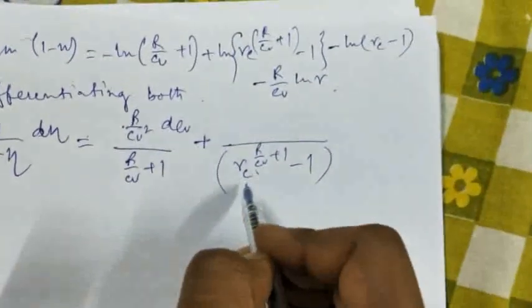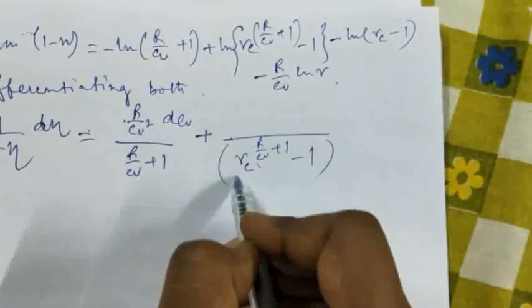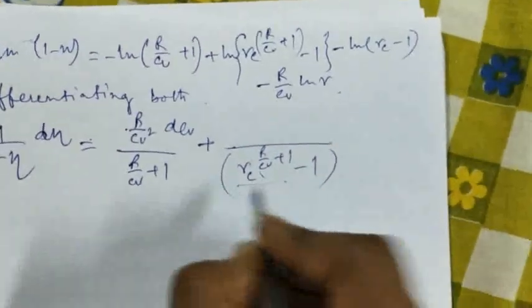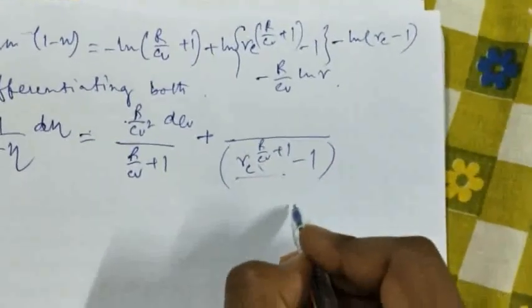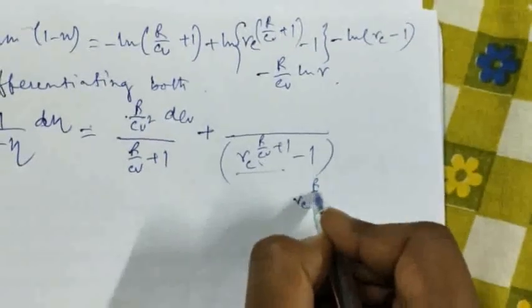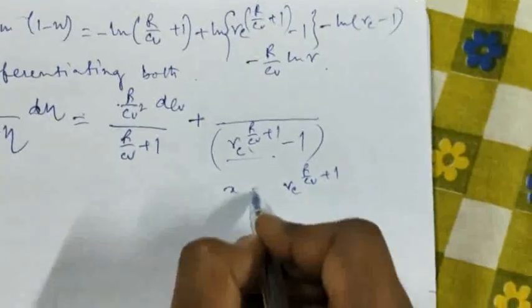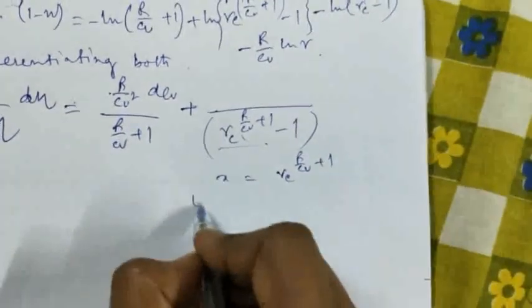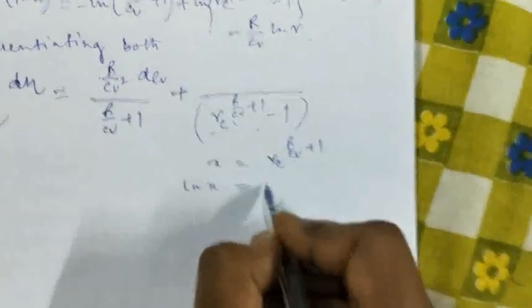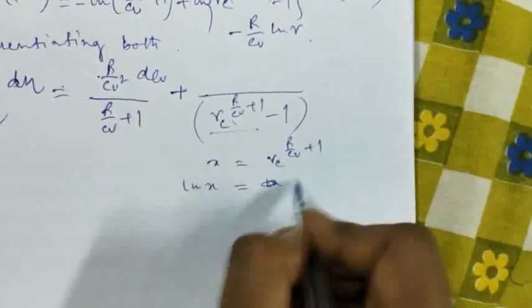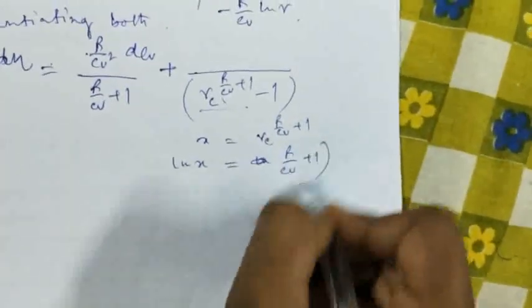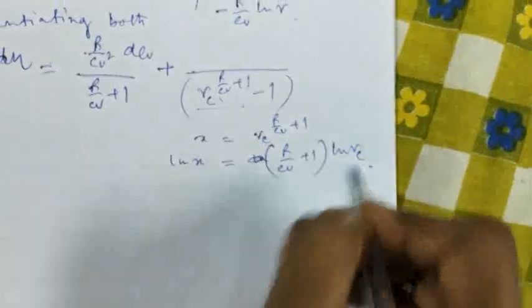To differentiate this term, we have to take log again. Let rc to the power R by Cv plus 1 be x. Taking ln on both sides, it becomes R by Cv plus 1 into ln rc.